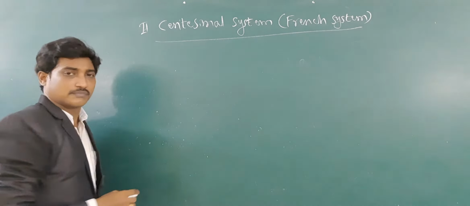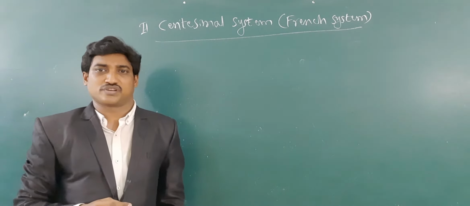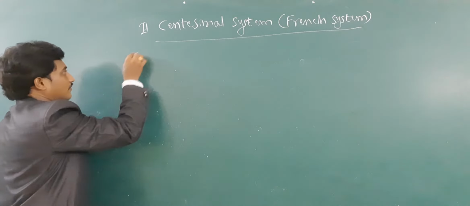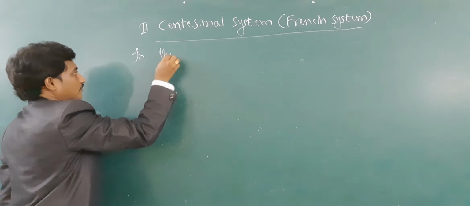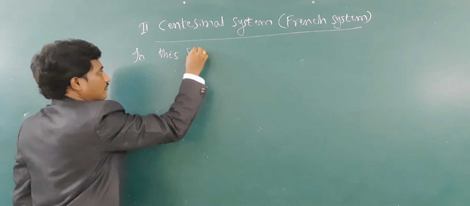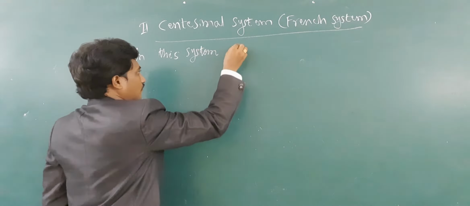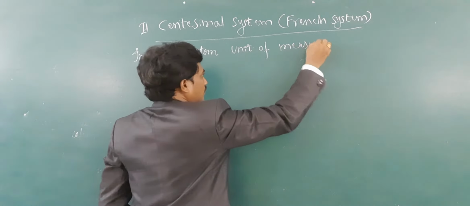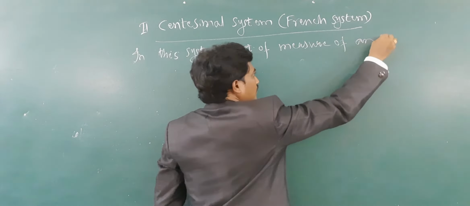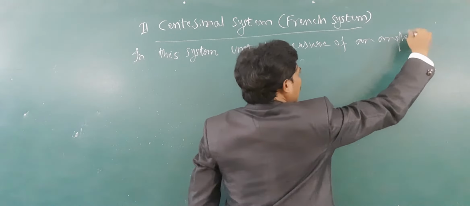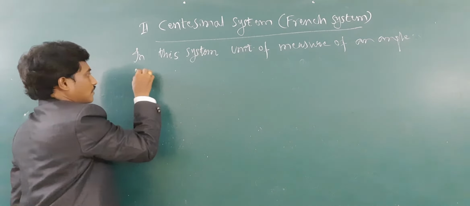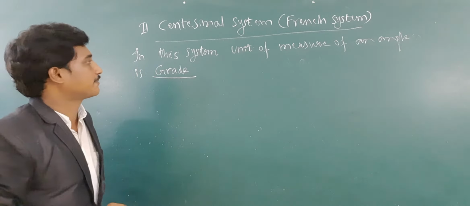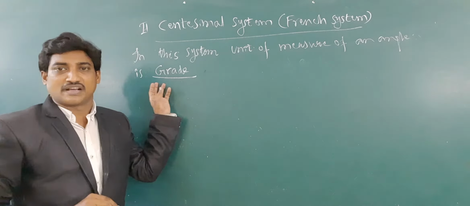In the centesimal system, the unit for measure of an angle is the grade.